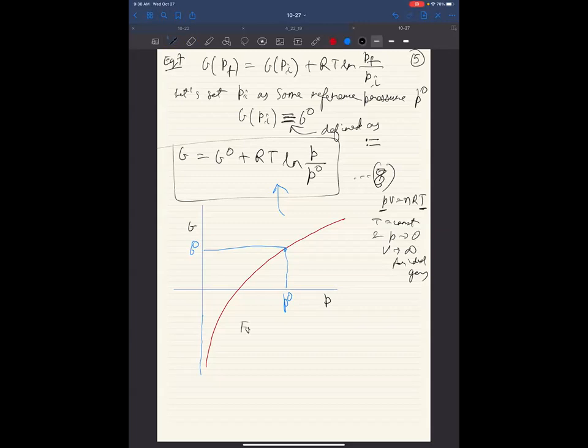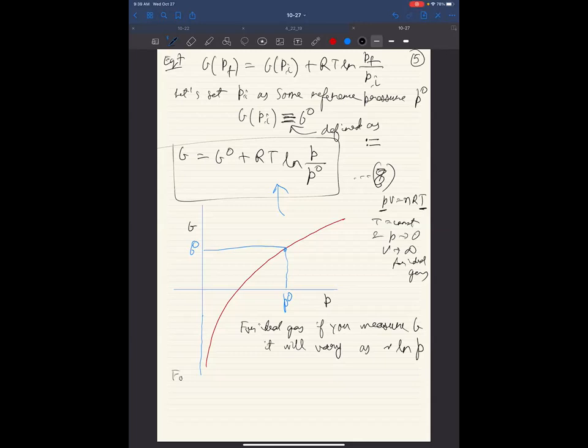So for ideal gas, if you measure G, it will vary as log P, right? That's the idea here. There are proportionality constants and everything, but it will change logarithmically with pressure.